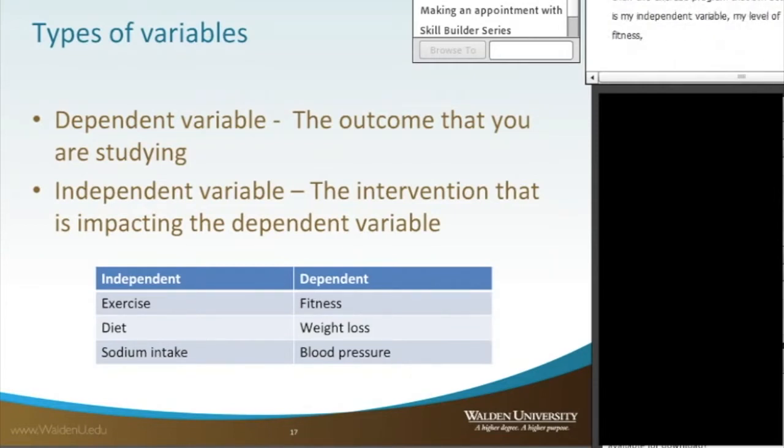If I'm doing a weight loss study, the type of diet that I'm on, if I'm on a low-carb diet, that's my independent variable, and my weight loss or change in weight would be my dependent variable. If I'm looking at a blood pressure study, my sodium intake, for example, is my independent variable, and the blood pressure is my dependent variable.